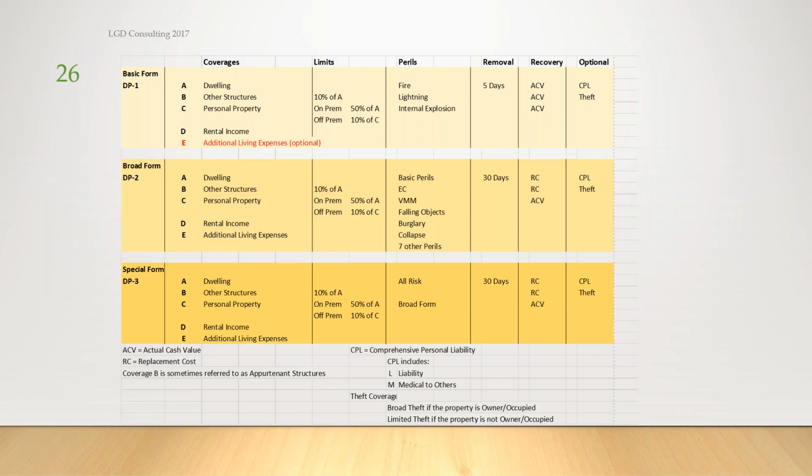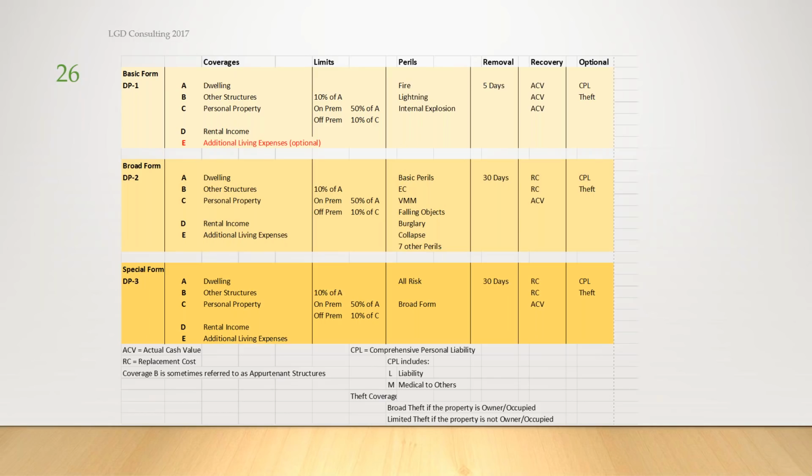It only covers property. At the top here, we have DP1, then DP2 and DP3. So just like homeowners, HO2 is good if you own a home. HO3 is better, but HO5 is the best. For dwelling, DP1 is good. DP2 is better, but DP3 is the best. And the difference is the perils.